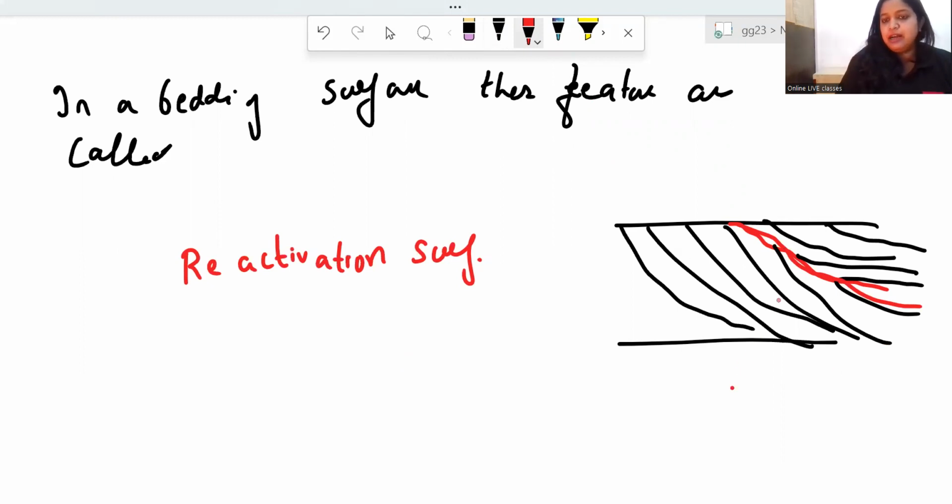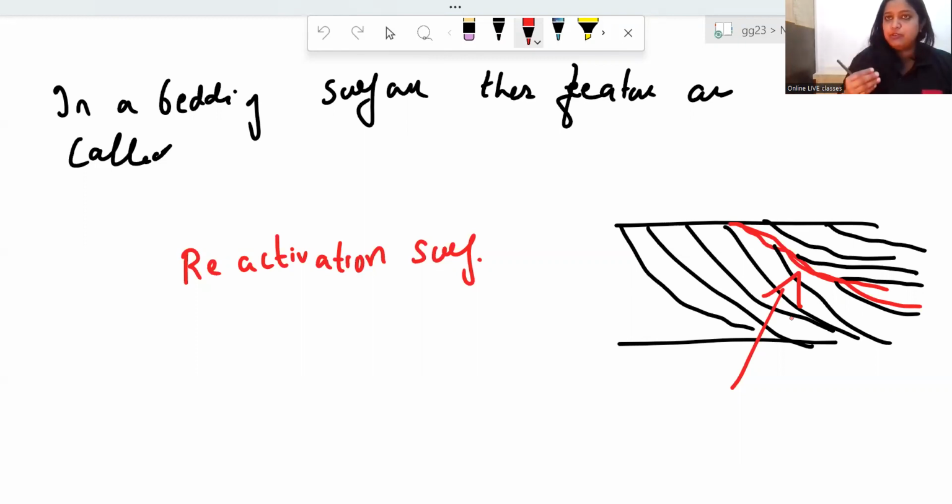These are cross laminations. In between the cross beds, a minor erosional surface is called a reactivation surface. Within a set of cross beds, the erosional surface present is called a reactivation surface, which forms because of tidal current movement.